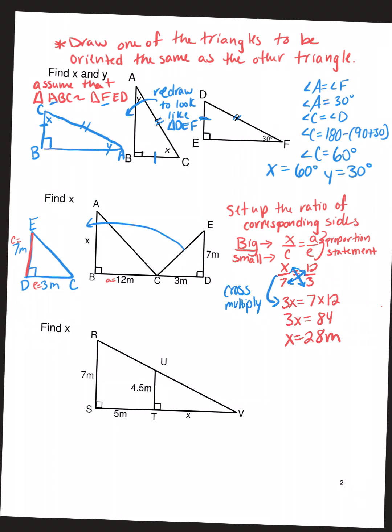Okay, one more similar triangle question to try. So we have a kind of a triangle within a triangle here, right? We have a bigger triangle of R, S, and V. Let's see if I can make that line a little straighter.